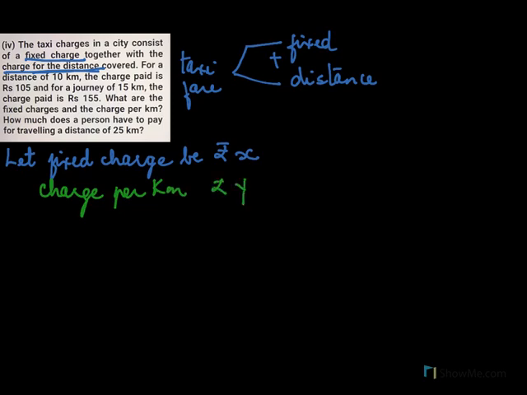Now in the first case here we have for 10 kilometers the charge paid is 105. So let's start case 1. For 10 kilometers he pays rupees 105. So remember two parts.